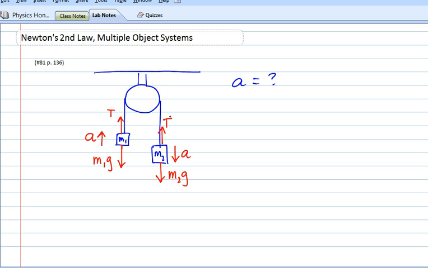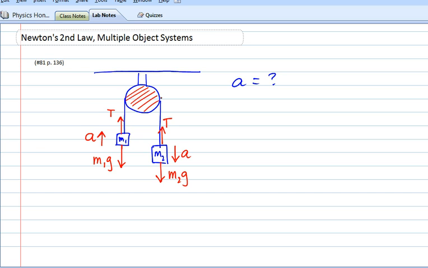And later on in Chem-Phys, junior, senior years, you learn that these tensions aren't exactly the same because you have to take into account what the pulley is doing. We're not really worrying about that now, we're just kind of approximating. So in that case, the string just goes over the pulley and the two tensions are exactly the same.